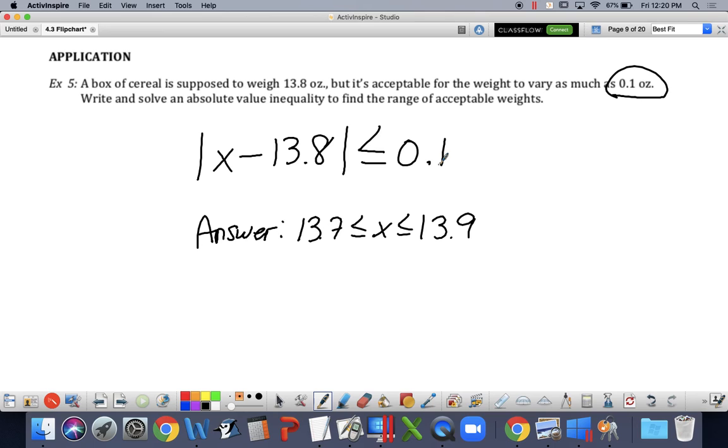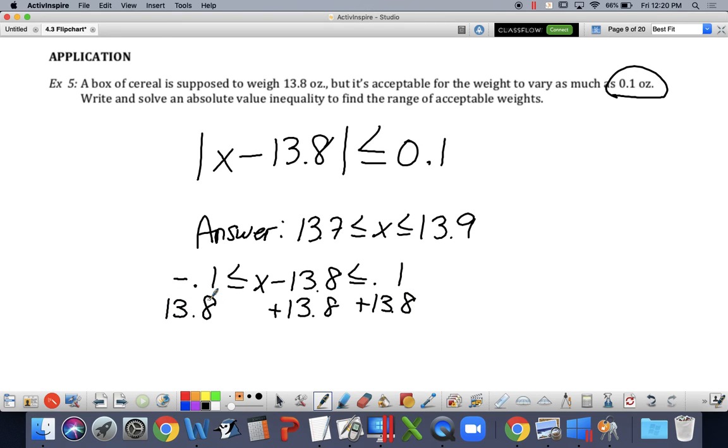Now let's solve this and make sure we get out the answer that we already figured out. So since this is a less than statement, I remove my absolute value bars and I just write one big compound inequality. So I go from negative 0.1 to 0.1. And then in order to solve this for x, I add the 13.8 to both sides.